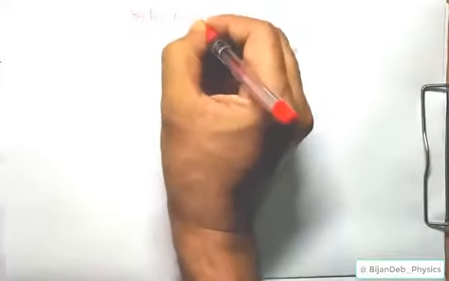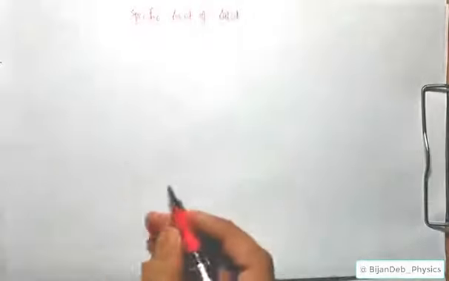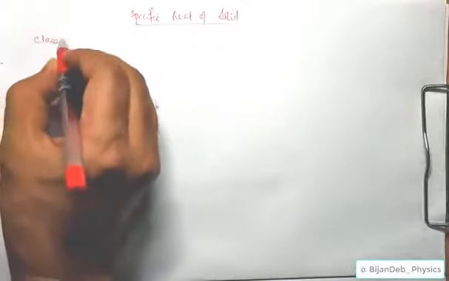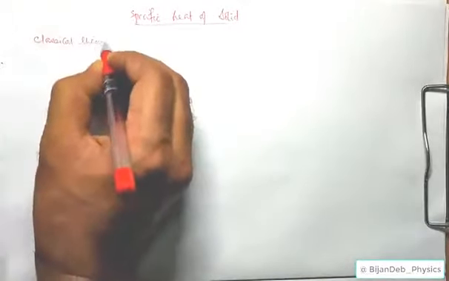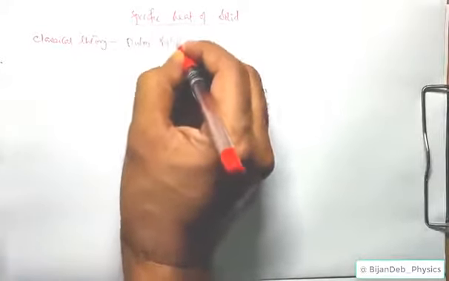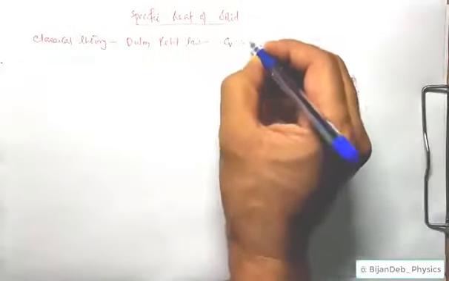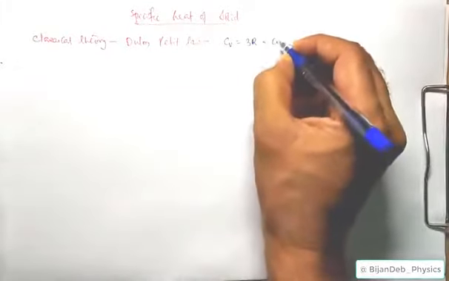Specific heat of solid. Classical theory was there earlier. In classical theory, it is the Dulong-Petit law. Specific heat Cv was 3R, so it was a constant.